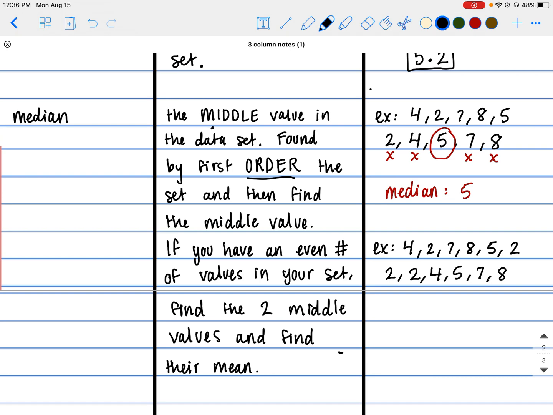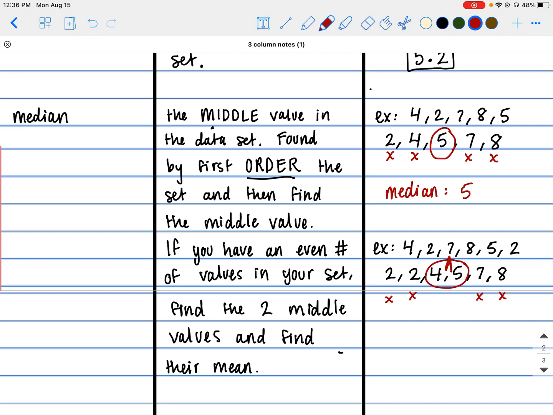And if you had this on paper, if it was me, I'd be crossing them off as I go to make sure I don't make a silly mistake and forget one. All right, so now I could do the same thing. I could X them off on both sides. 1, 1, 2, 2. And see how I'm left with 2 in the middle right here? Well, my median would be the number that's in between 4 and 5.